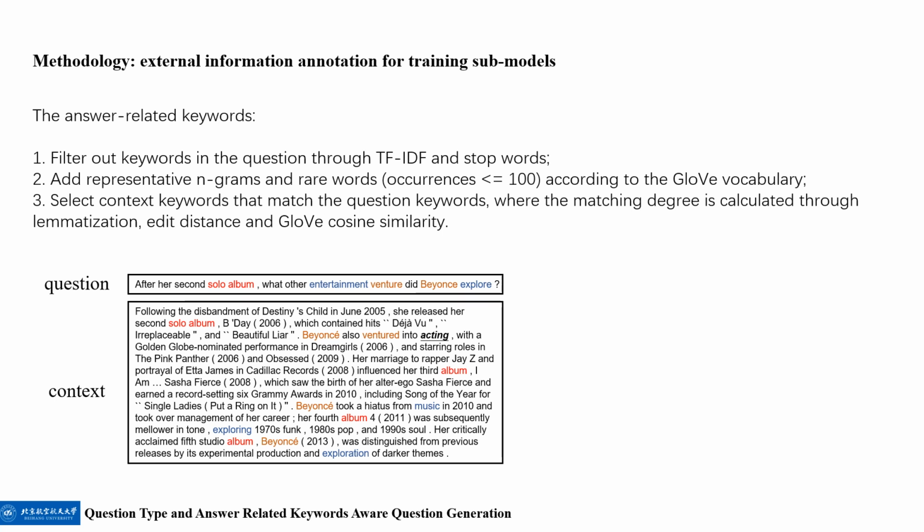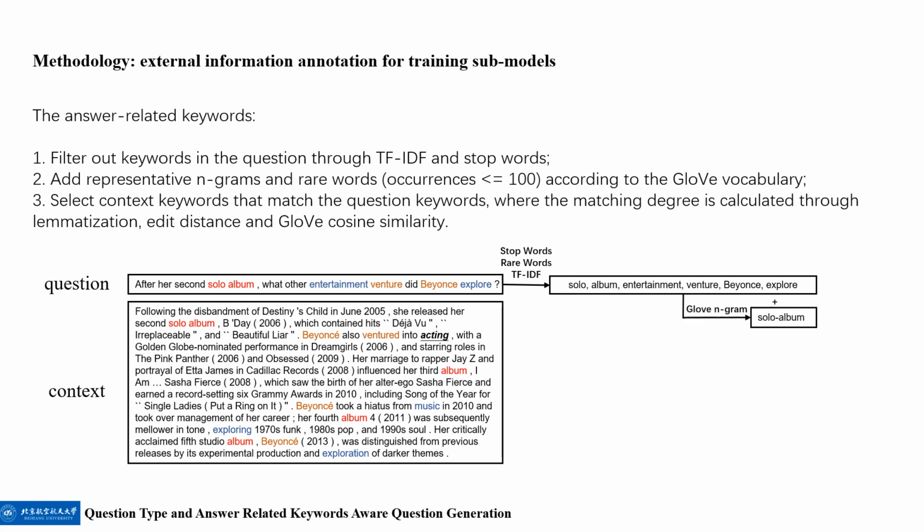As external information is not defined in the original dataset, it needs annotation before training the system. For the answer-related keywords, we first filter which words in the question are represented through TF-IDF and stop words. Then we add representative n-grams and real words that appear in the question in accordance with the GloVe vocabulary.